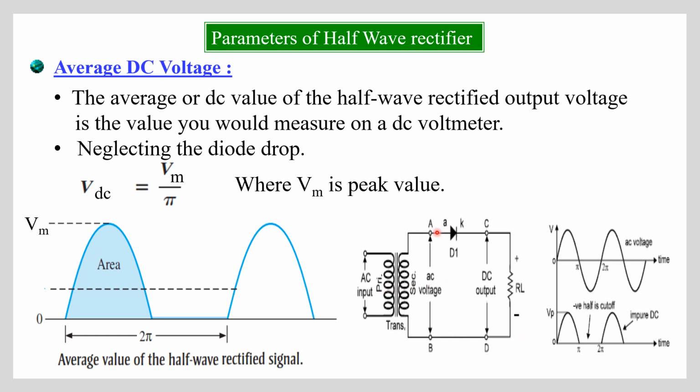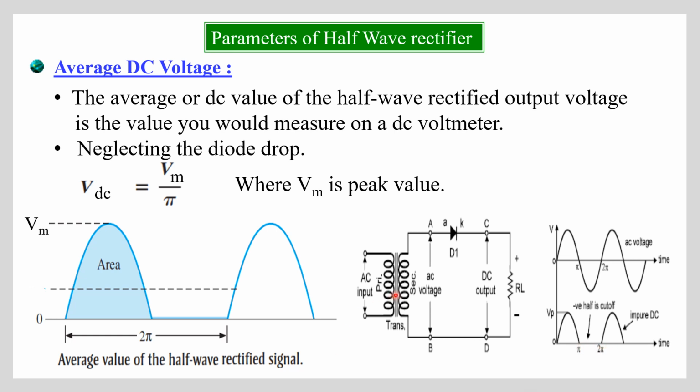During the positive half cycle the diode D1 conducts and hence we get the output at RL, Vout. During the negative half cycle the diode D1 is reverse biased, so the diode is an open switch and there is no output at RL.